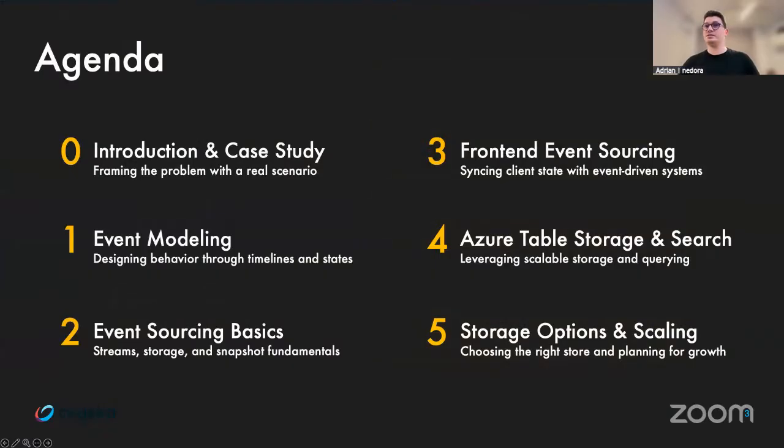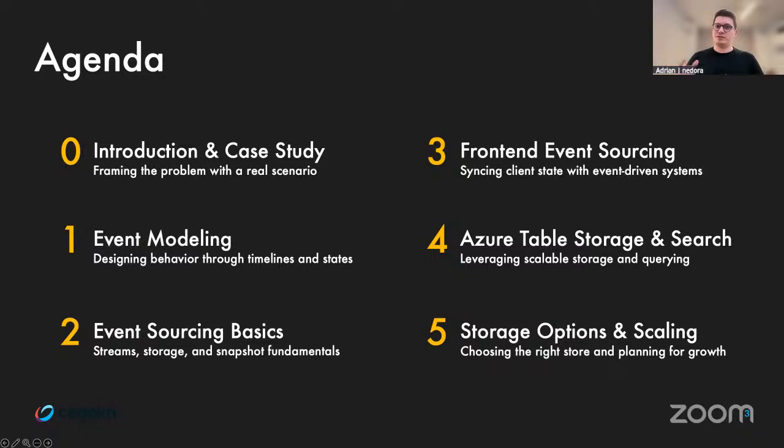But let's dive a bit into the agenda, because I think we're going to sit here for roughly 1 hour or so. We'll start with a short introduction and the case study. For this case study, I have chosen a booking reservation because it goes across everything, and we'll walk through the event modeling, what it is, how we can map it, and see how it flows naturally into event sourcing.